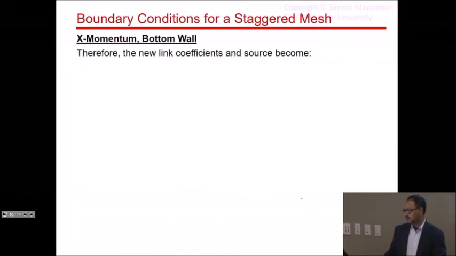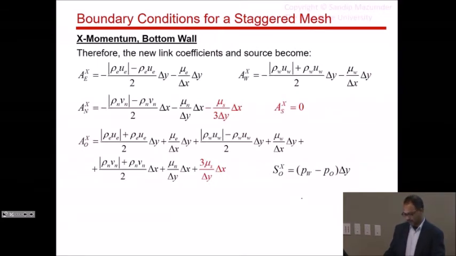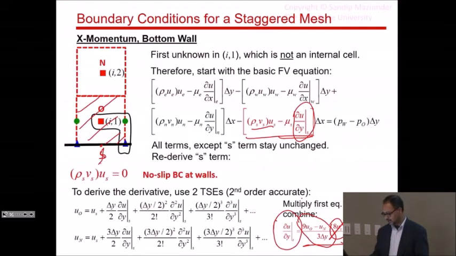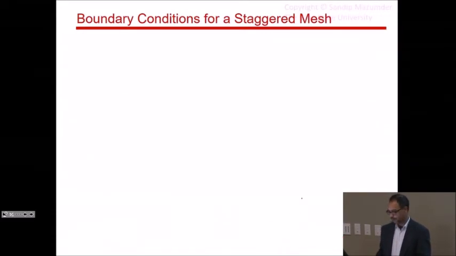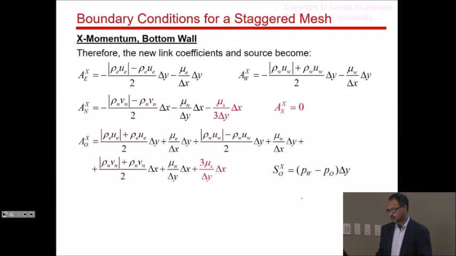And then you plug that in and rearrange your equation, and this is what you get. You get an extra contribution to the north. Why? Because this one had a u north. Okay? And then another contribution to the diagonal, all right?